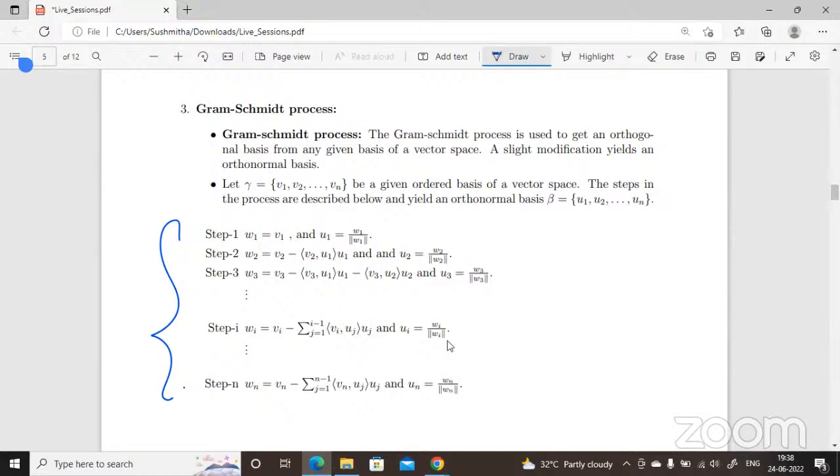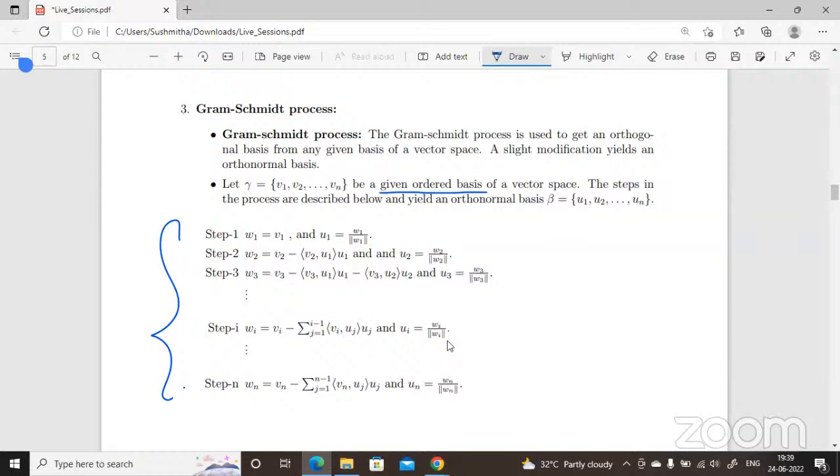The Gram-Schmidt process is used to get an orthogonal basis from any given basis. Once you have an orthogonal basis, you can find an orthonormal basis just by dividing by the norm. A slight modification yields an orthonormal basis directly; the steps mentioned here construct it so that it is orthonormal. Suppose you are given an ordered basis V1, V2, ..., Vn.